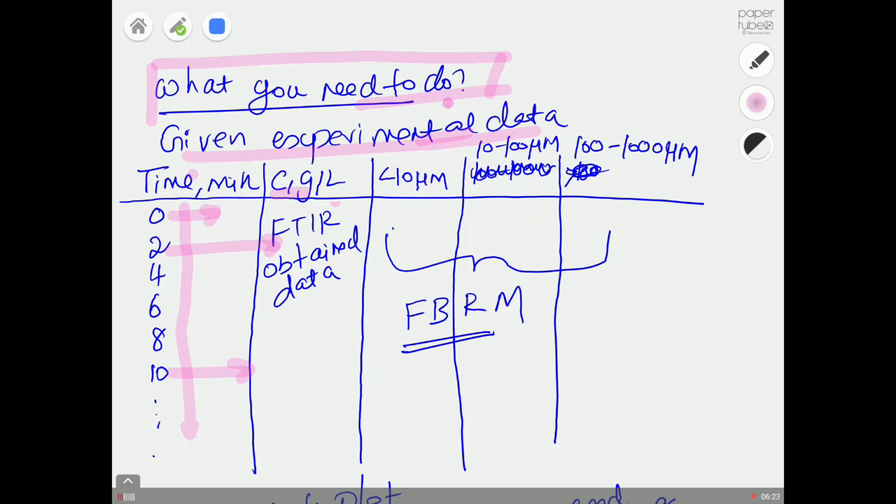So these are the data we obtained from FTIR, and then I will give you the number of particles under each size fraction. One will be less than 10 microns, another will be 10 to 100 microns, and the third one will be 100 to 1000 microns.